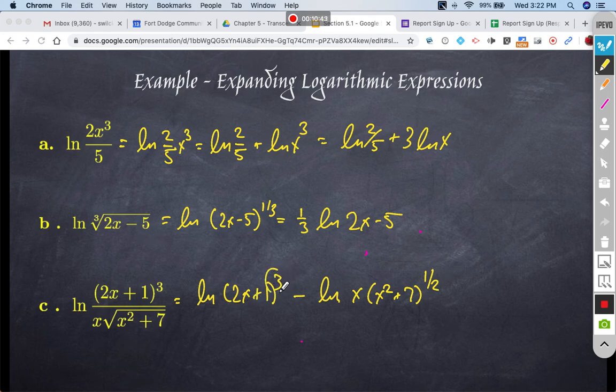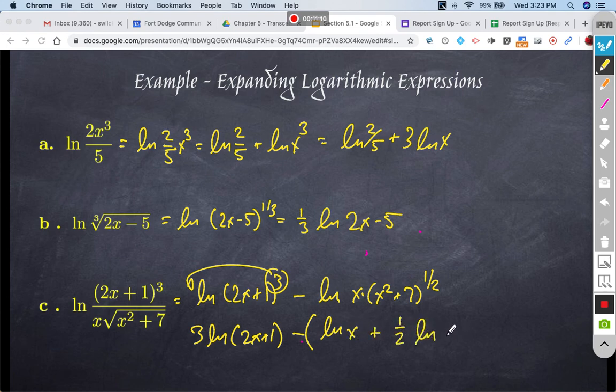This one I can pull down my multiple: 3 times the natural log of 2x plus 1. Here, this is a product, so I have to make this a sum, which means I have to do that before I do the subtraction. So that's going to be the natural log of x plus 1/2 the natural log of x squared plus 7.